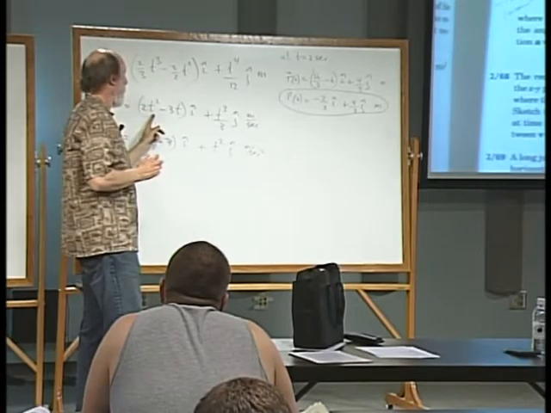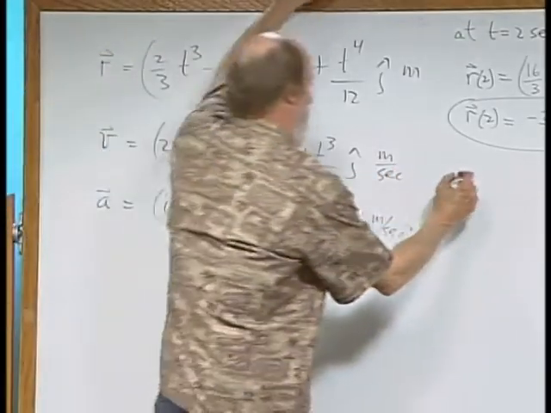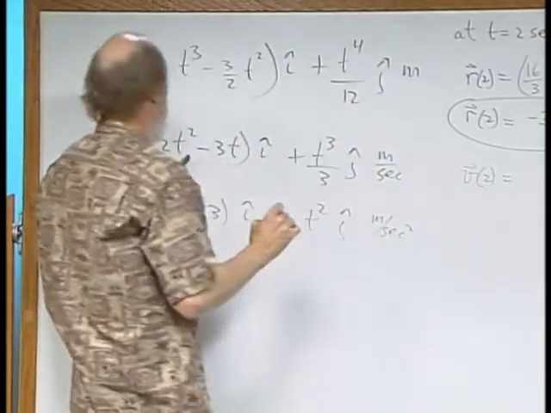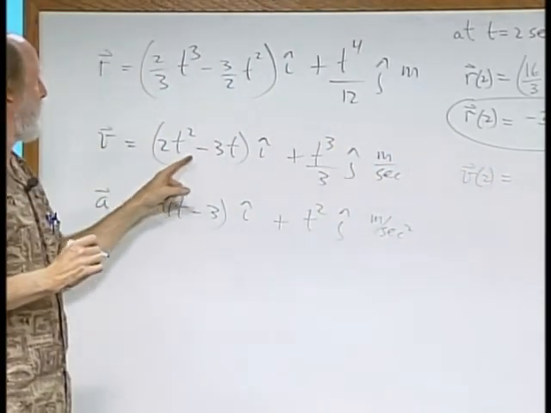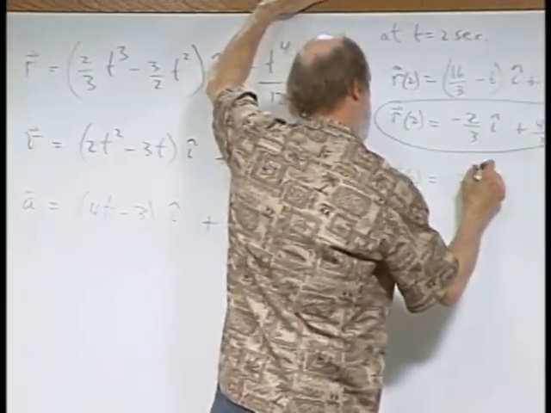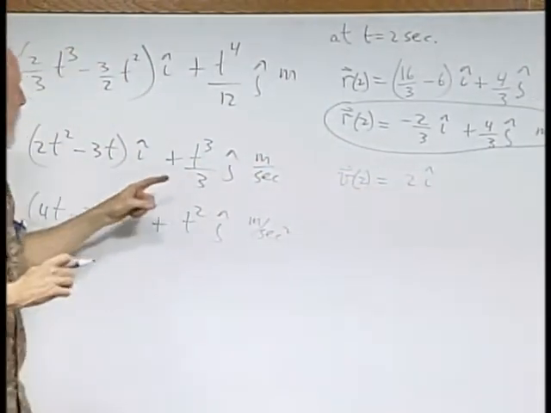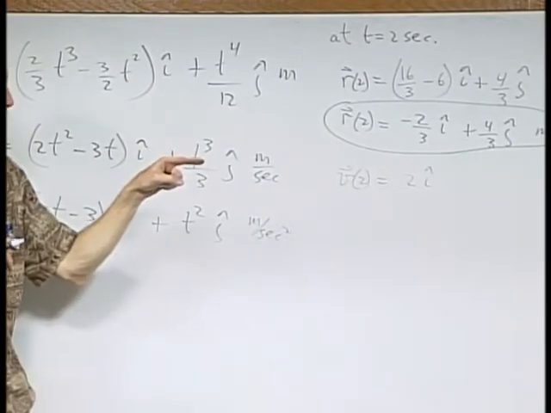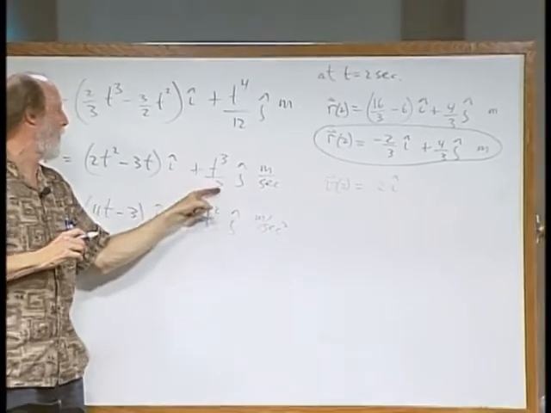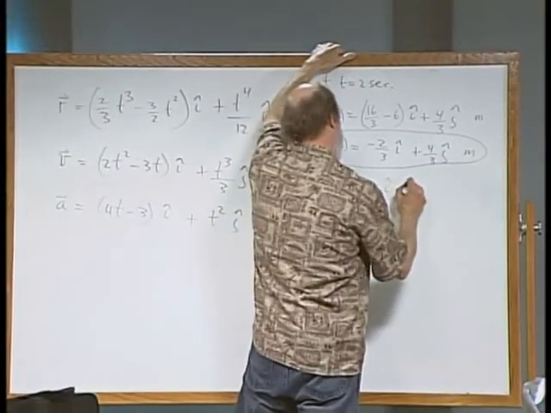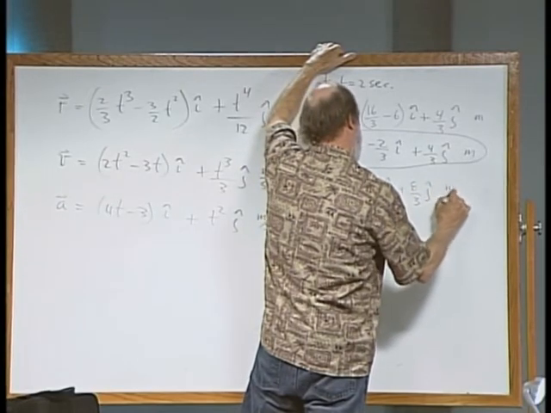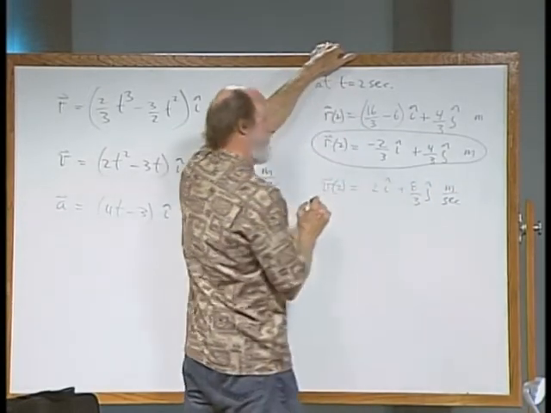The velocity at that same point in time, with the 2 dropped in here, is 8 less 6 is 2. 2 meters per second to the right. And at 2 seconds, 8/3 j meters per second.